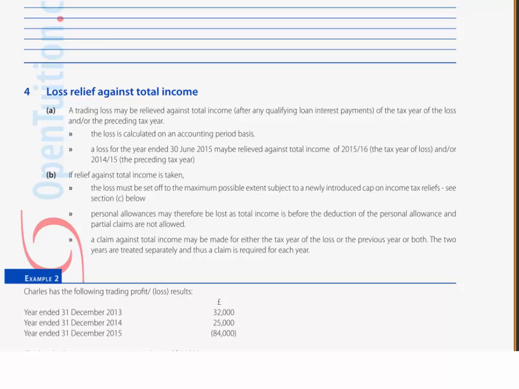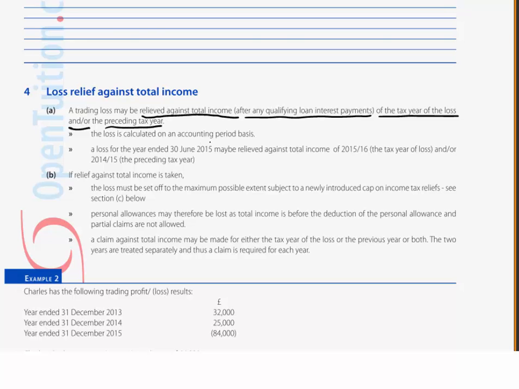Right, as we have just said, may be relieved against total income after, as we made the point a moment ago, any qualifying loan interest payments, in the unlikely circumstances indeed in a question that there are any, but after those, against total income of the tax year of the loss, i.e. the current tax year, and or the preceding tax year.